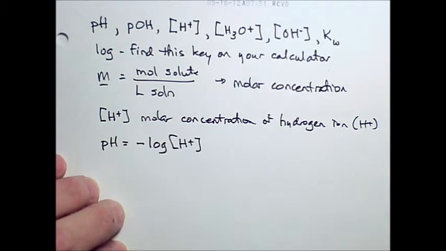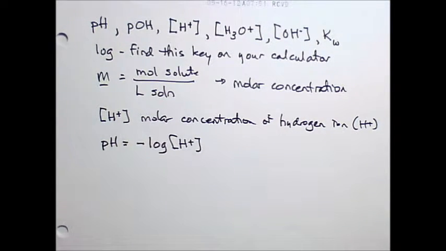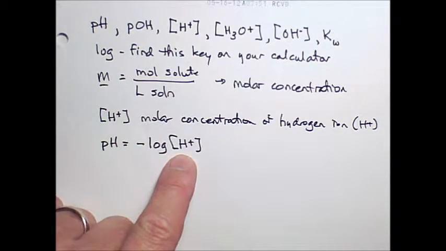Now, if you remember from earlier in the week, we used the Arrhenius system for dissociating acids, and we also used a Bronsted-Lowry system for dissociating acids. In the Arrhenius, one of the products was always this H+.